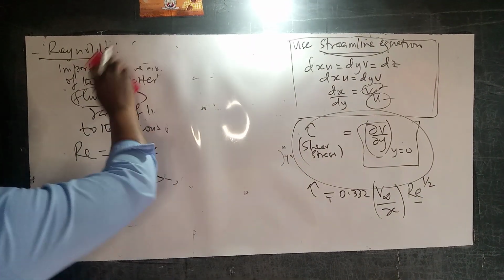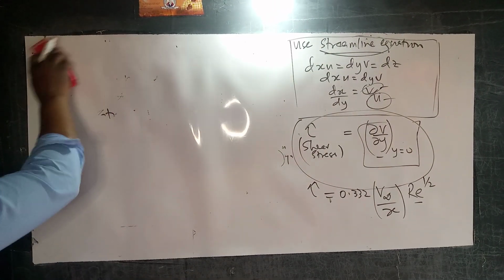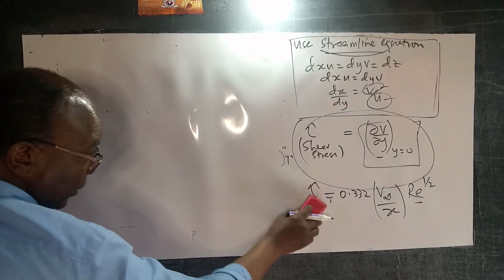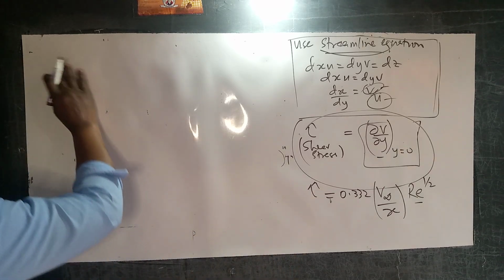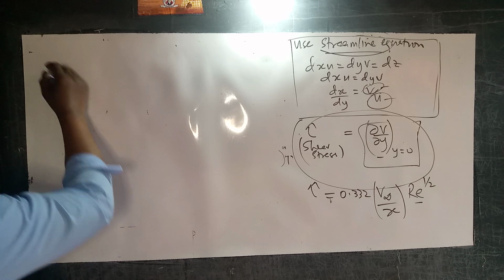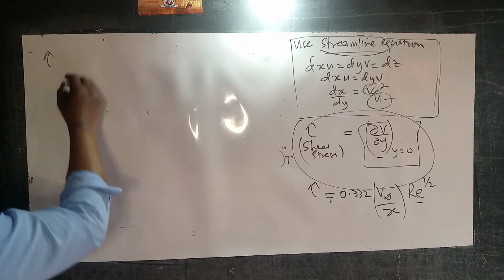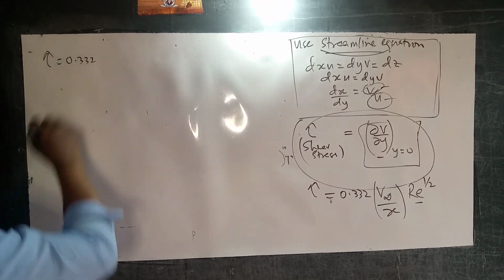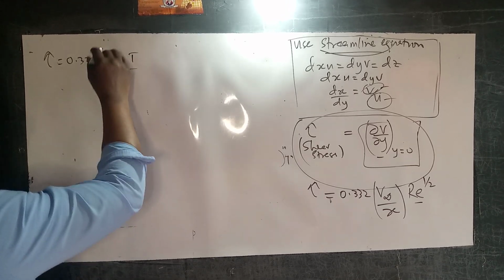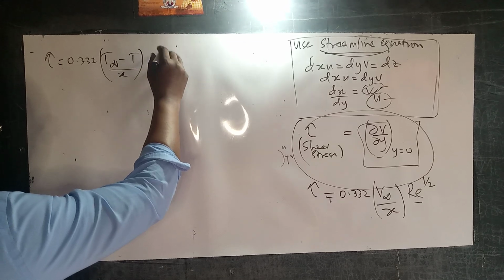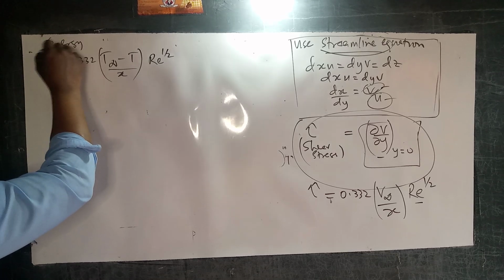So if we extend this to the energy and mass balance systems, then tau will again be 0.332 times T infinity minus Ts over x times the square root of Reynolds number, and that is for energy.